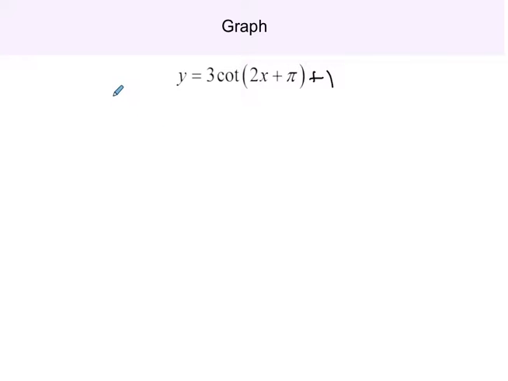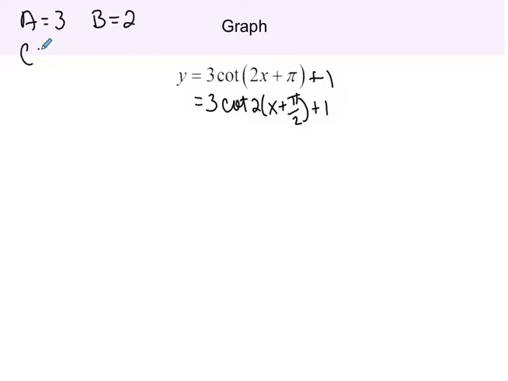Okay. So we need to identify A, B, C, and D. To do that, I need to factor out the 2. And now I can identify A, B, C. A is 3, B is 2, C is pi over 2, and D is equal to 1.